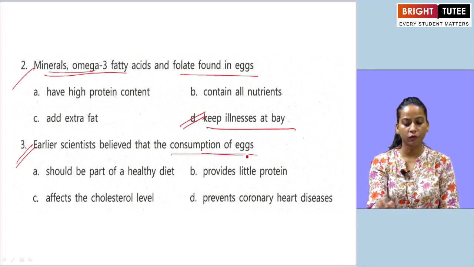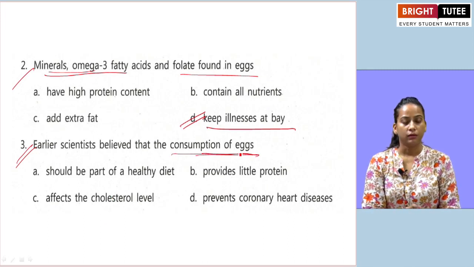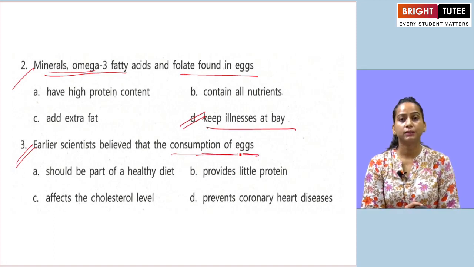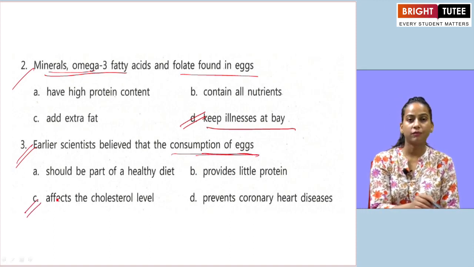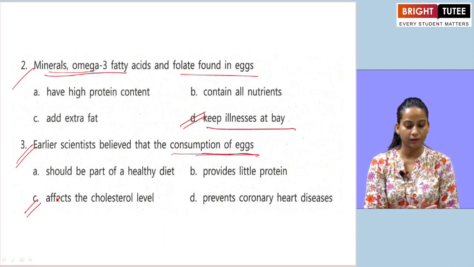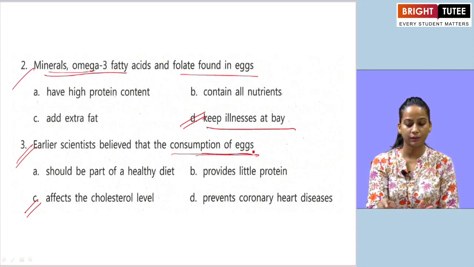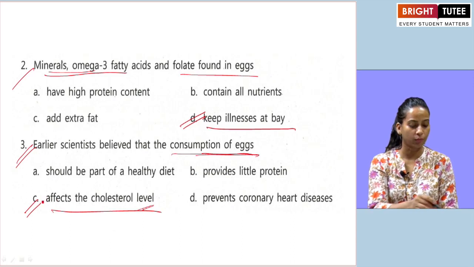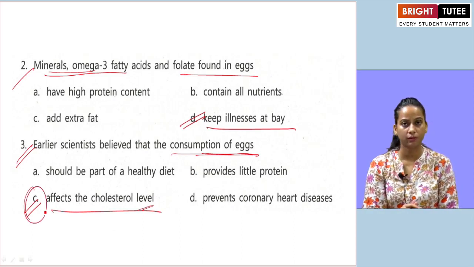So, the consumption of eggs, according to that, what was the main answer? In the first paragraph only it is given that option C is the correct one. According to some scientists, they think that the consumption of eggs affects the cholesterol level. Clear? So, this is going to be the correct option, option C for question number 3.